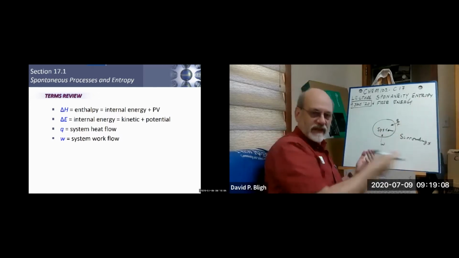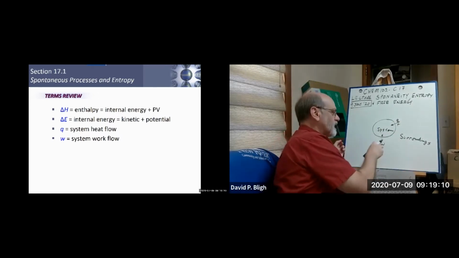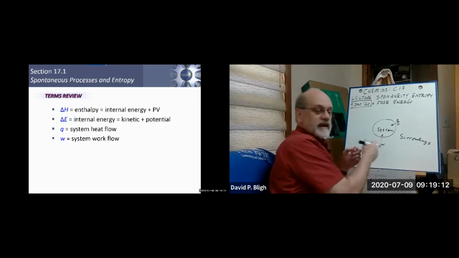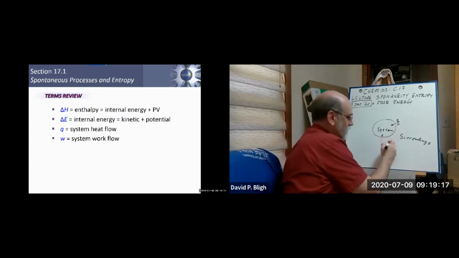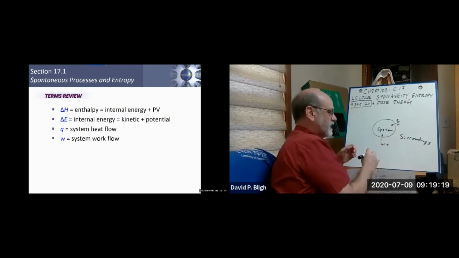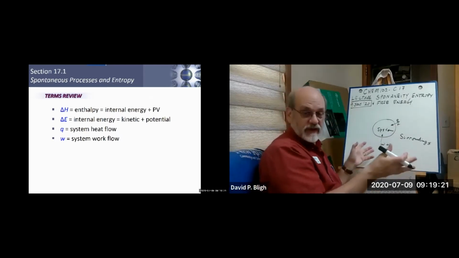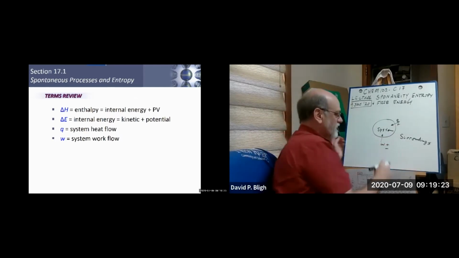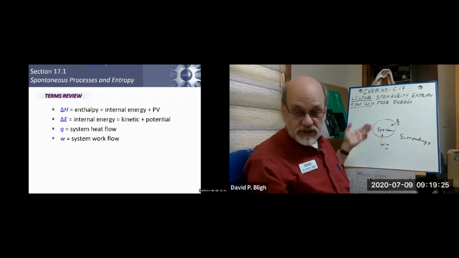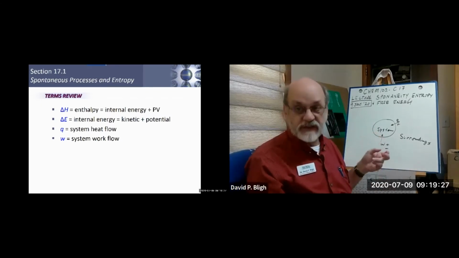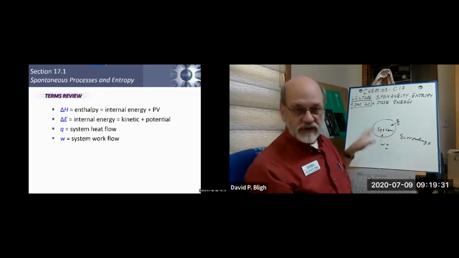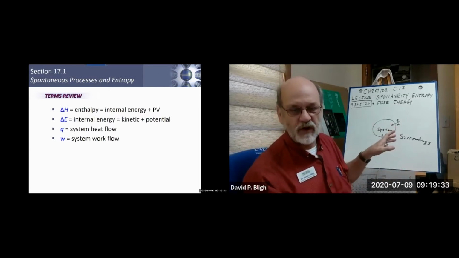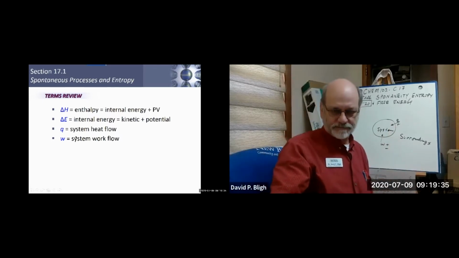If heat flows in, it's endothermic. If we do work on the system, the system is gaining, so that's positive. If the system does work on the surroundings, then it loses some internal energy to do that, and that's why the value is negative. Okay? So we define Q and W, delta E, in terms of internal energy.